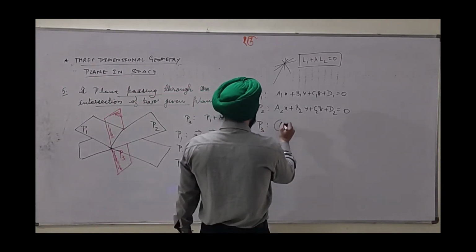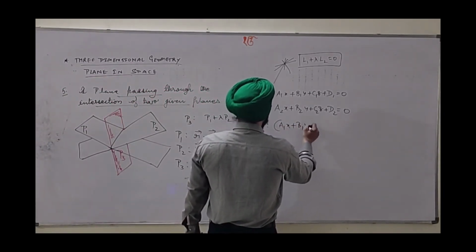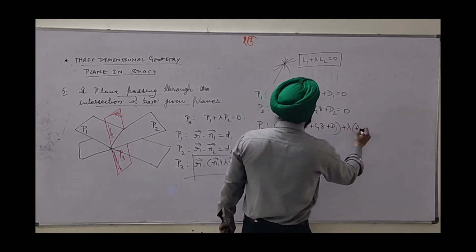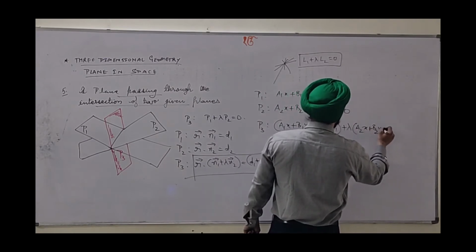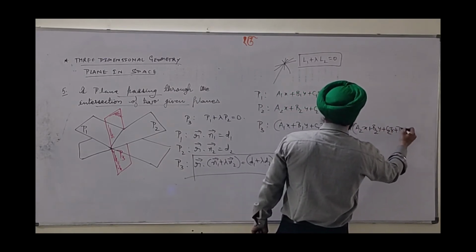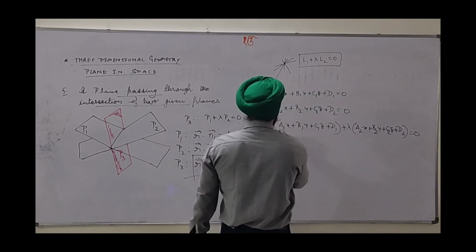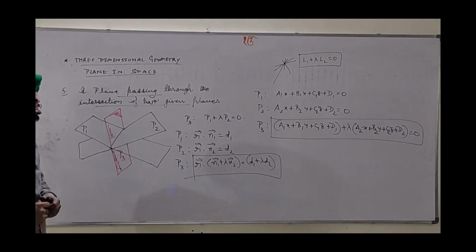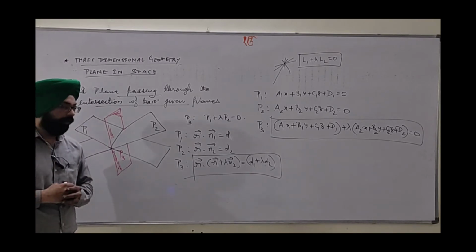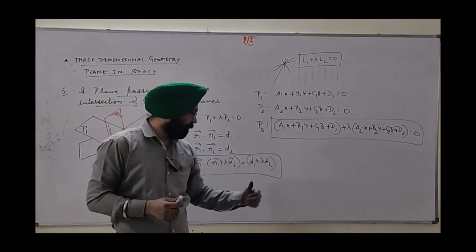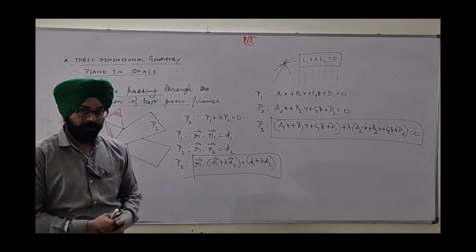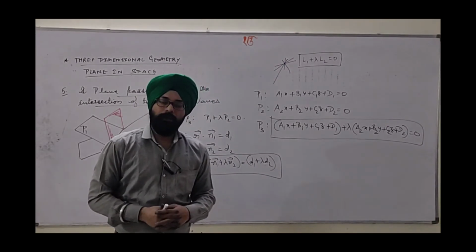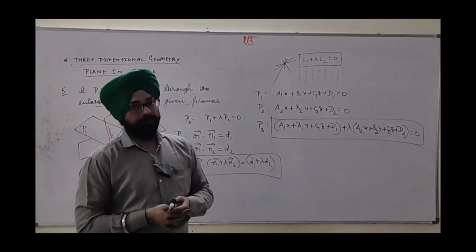What I mean to say, we can write A1x plus B1y plus C1z plus D1 plus lambda times (A2x plus B2y plus C2z plus D2) equal to 0. This is again the Cartesian equation of the plane passing through the intersection of P1 and P2. Here I have used lambda as the constant, the same thing I used in vector form. So depending on lambda, that will be the plane. I hope you have understood all these patterns, all equations of plane.